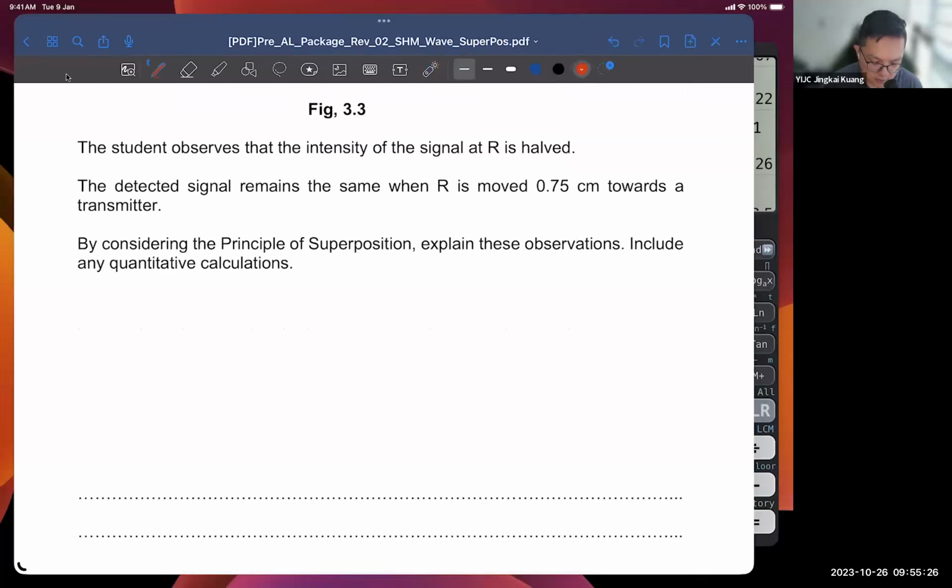Let's draw it out. Let's say this is the equilibrium position. You have A this way, and then you have the second A this way. This becomes a Pythagoras theorem. Your resultant, let's call it AR, equals the square root of A squared plus A squared, so it becomes square root 2 A. Remember I is proportional to A squared.